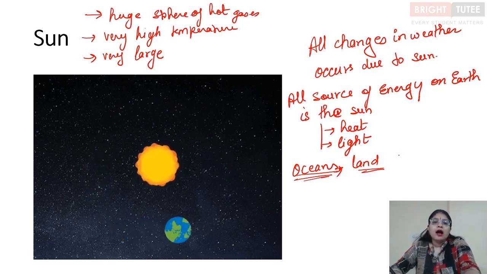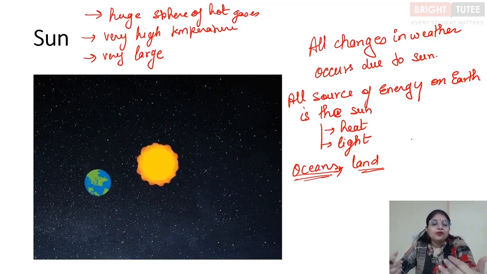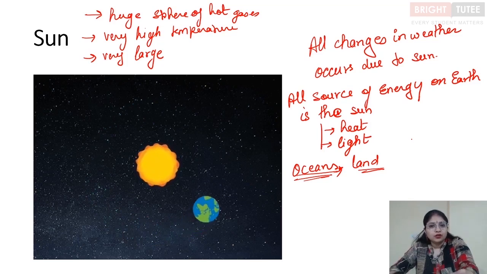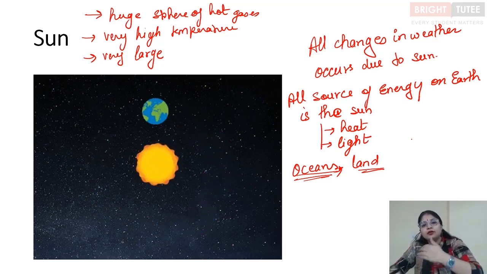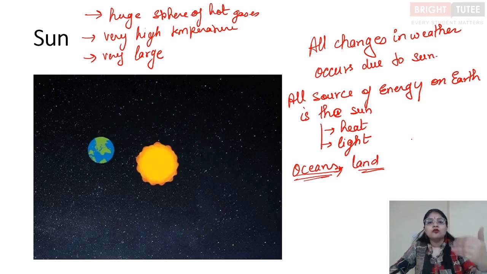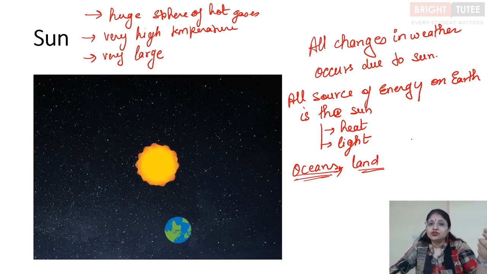Now you must have studied in geography also that Himalayas play a very important role in providing rain to the north region of India, because they block the wind, right? So the landscape of a place also helps in capturing and reflecting the energy of the sun.